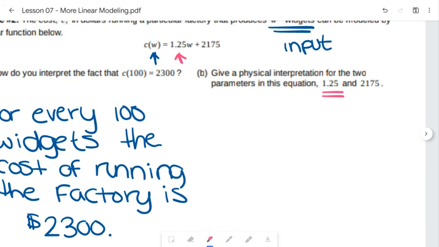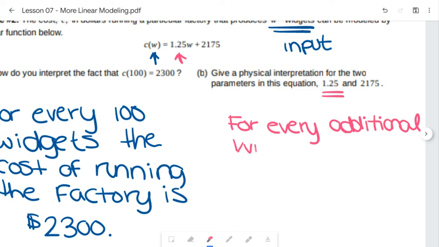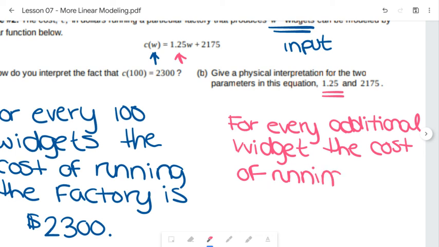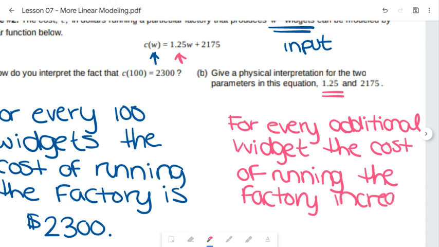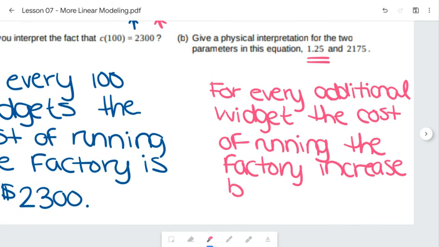So the 1.25 means for every additional widget, the cost of running the factory increases by $1.25.